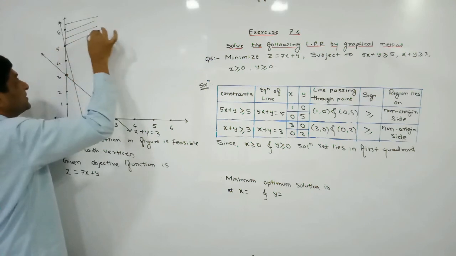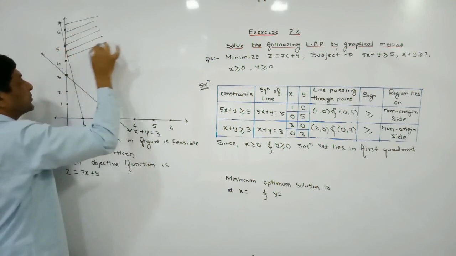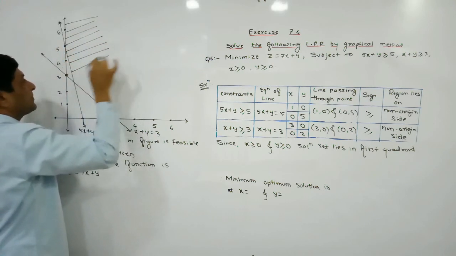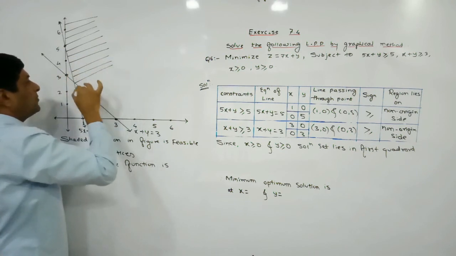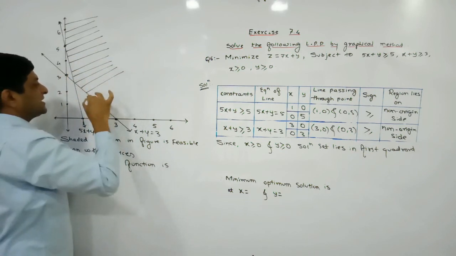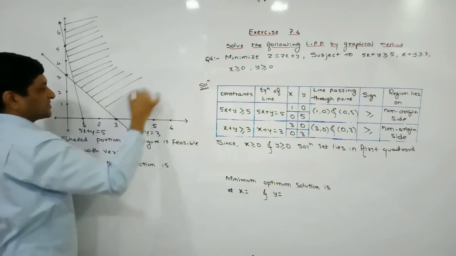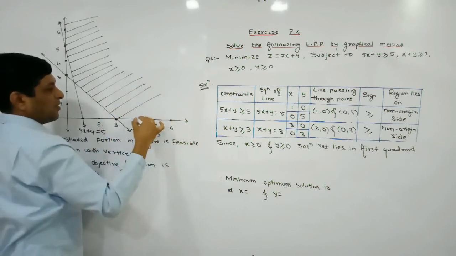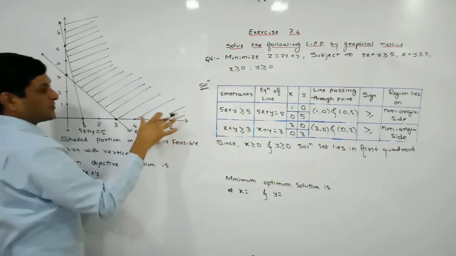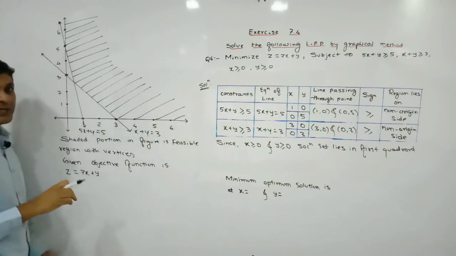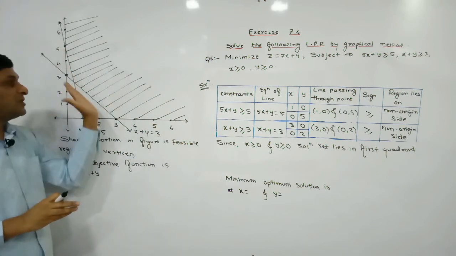First quadrant. For both constraints, the sign greater than or equal to appears, so our solution set is the non-origin side, for this line and for this line also. And it lies in the first quadrant. Here we can observe that the shaded portion is the set of all points which satisfy all the given constraints. So we are not going outside the first quadrant, and for both lines, the non-origin side part will be the solution set.